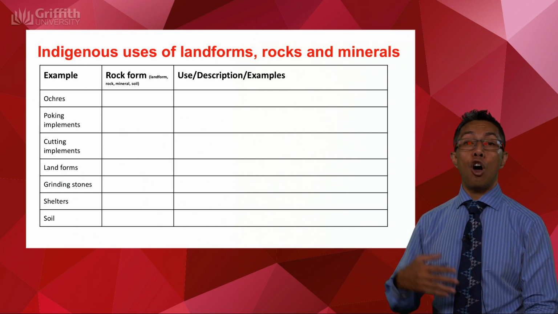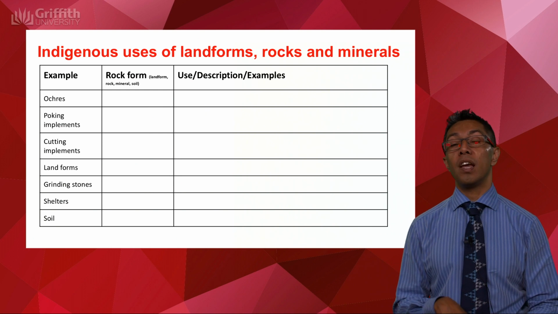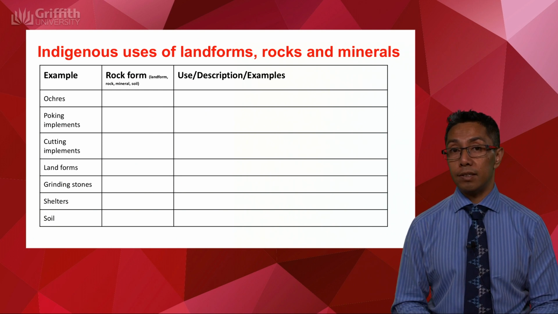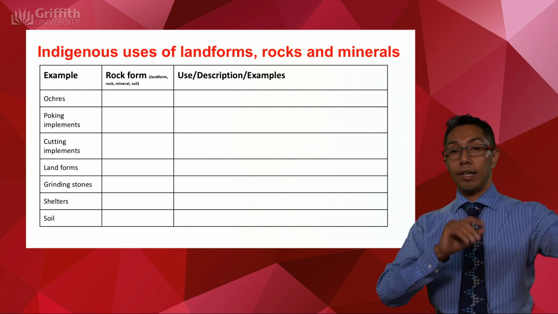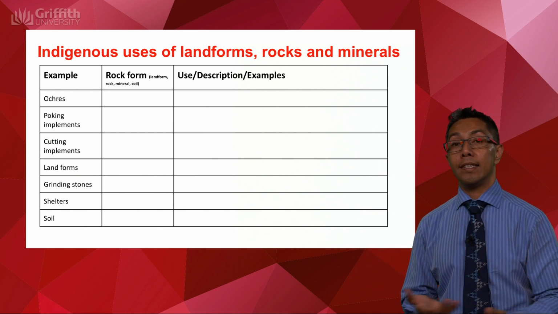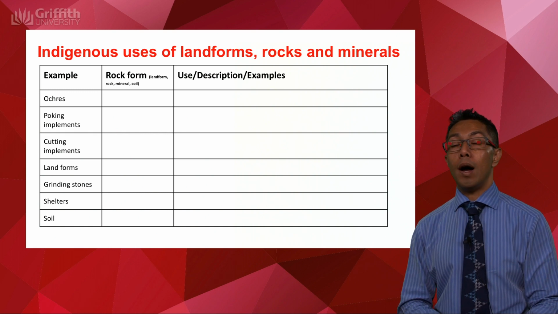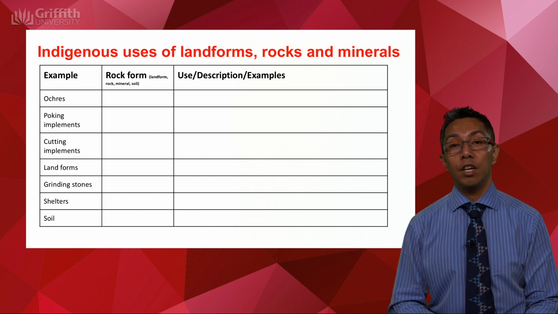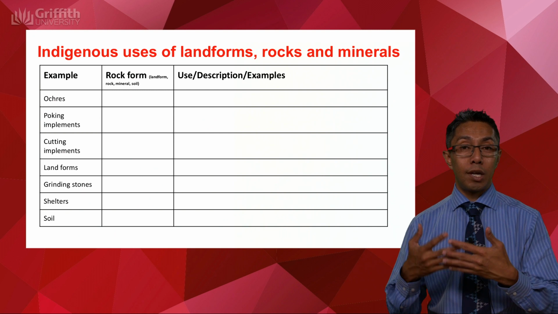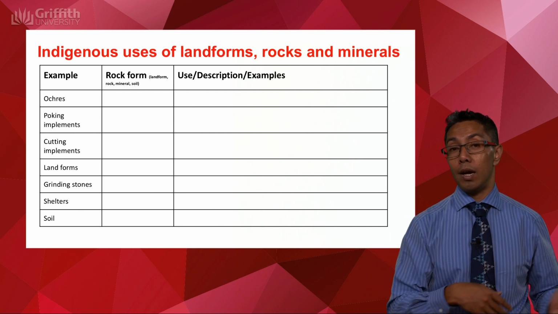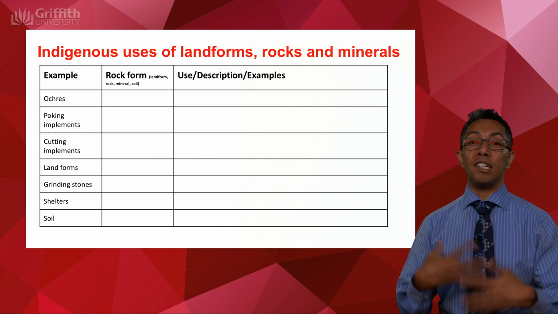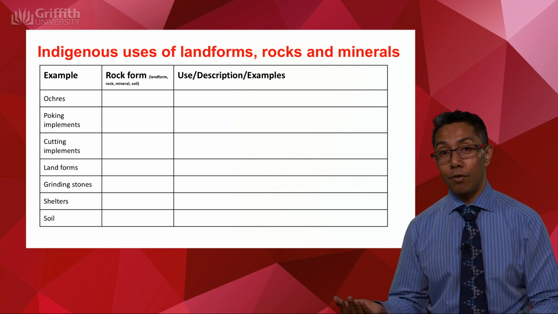So for example, ochres, so body paints. There's evidence of trade of ochres, for example, up in Northern Territory, somehow making their way down to Victoria. Or there would be spearheads which through chemical analysis we know are native to areas over in Western Australia, magically turning up in South Australia, for example.